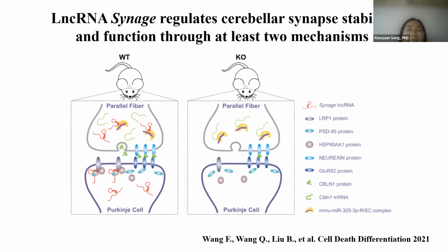So we come up with this model that Synage can regulate cerebellar synapse stability and function through at least two mechanisms. One, in parallel fibers, it functions as a circRNA to regulate CBL1 protein and mRNA level.